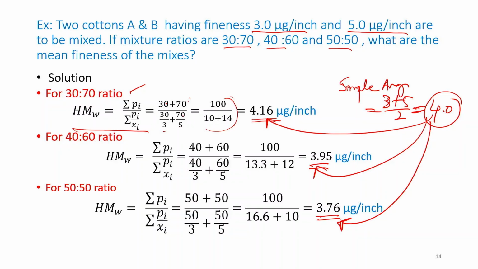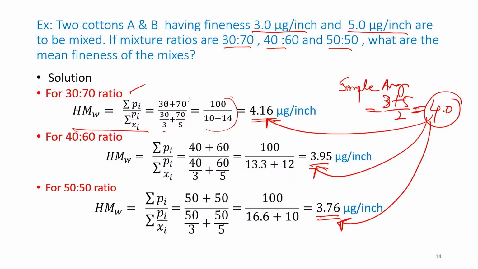And in this particular example, to quickly remember what harmonic mean indicates or how to find it out, basically total weight divided by total length. If the finer variety fiber is more, the total length of those fibers is going to be more, because the fineness definition is weight per unit length.